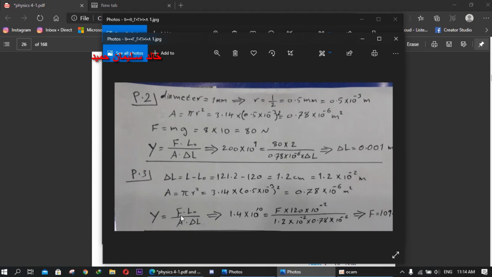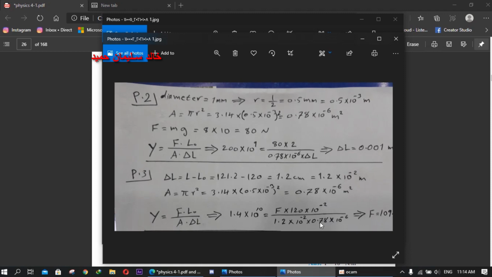To find the force F, Y is equal 1.4 times 10 to the 10th, equal to F times L naught, which is 120 times 10 to the minus 2. We multiplied it by 10 to the minus 2 to convert it from centimeter to meter. This is divided by A, the cross-sectional area, 0.78 times 10 to the minus 6, times delta L, 1.2 times 10 to the minus 2.